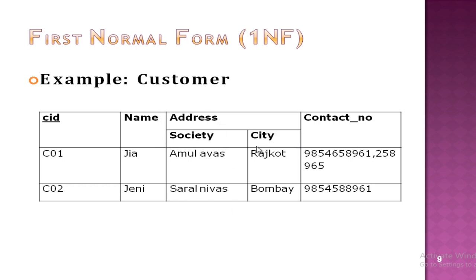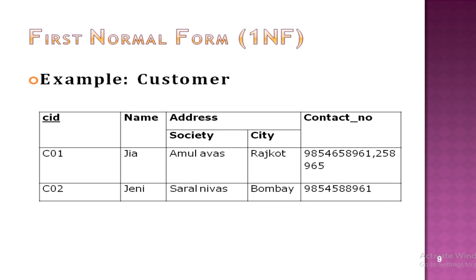So this type of attribute is a composite attribute. And here you can see the contact number contains multiple numbers. So that is called a multi-value attribute. Now what do we have to do? We have to remove this combination of composite attribute and multi-value attribute.